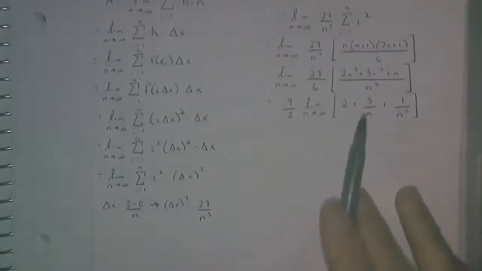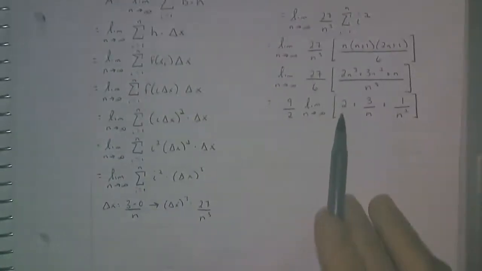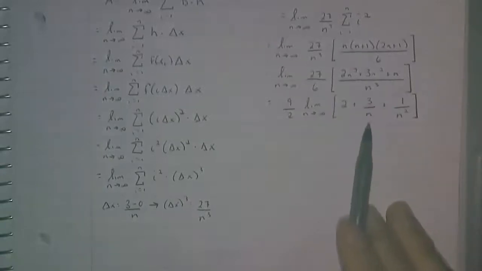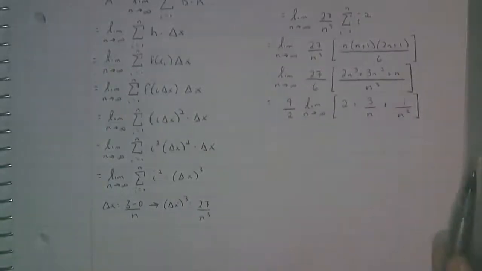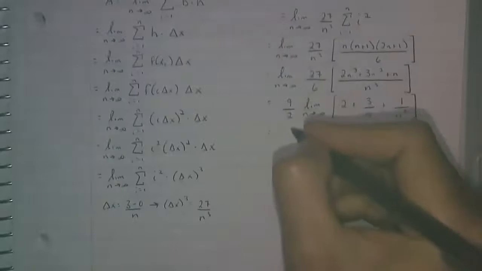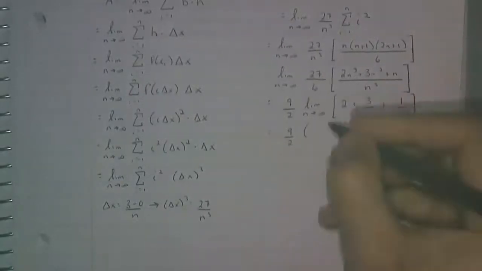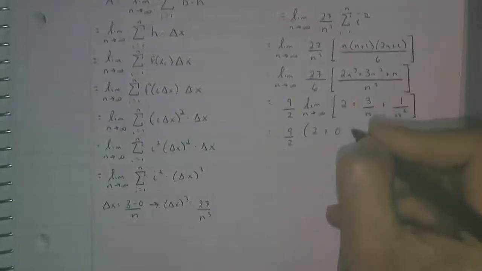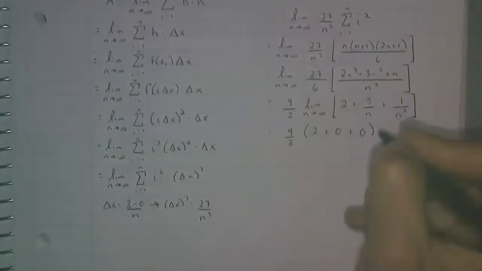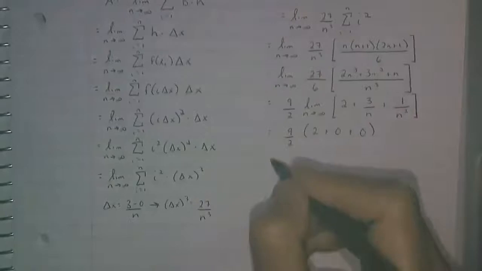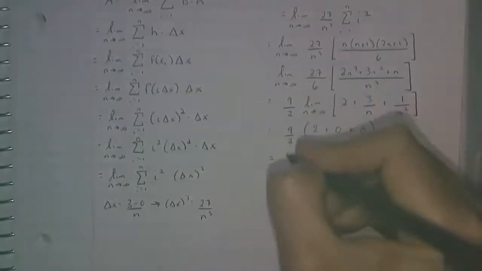And when we turn this up to infinity, nothing happens to the 2. 3 over n goes to 0. 1 over n squared also goes to 0. And we're left with 2 plus 0 plus 0. 9 halves times 2 is 9.